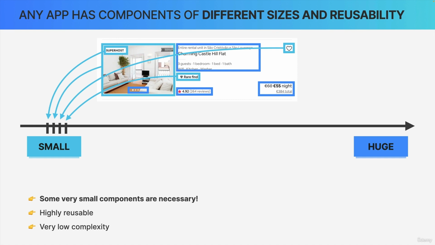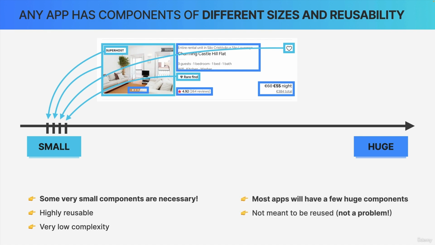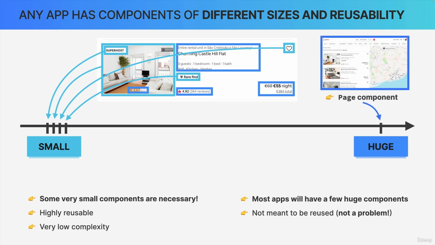Most apps will also have a few huge components that are not meant to be reused. For example, we might have a huge page component which contains the layout of the entire app or a page. And that might very well be a fairly complex component, which is not meant to be reused. So in situations like this, don't worry about reusability or about needing to split this component up.